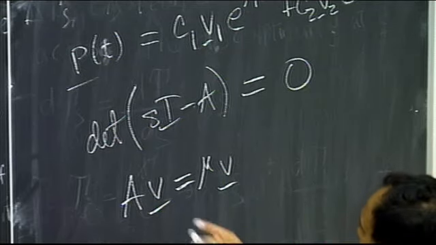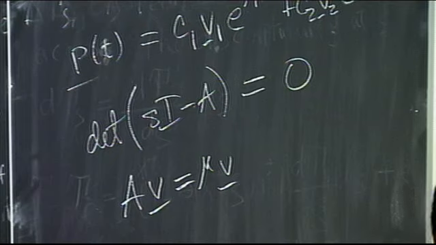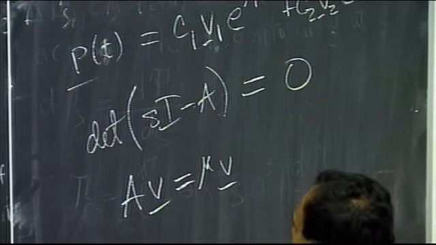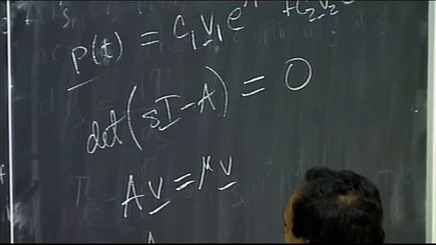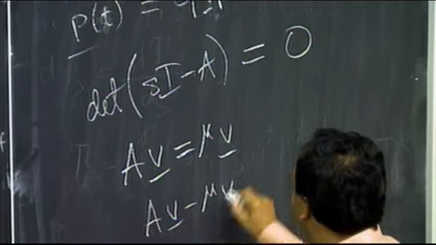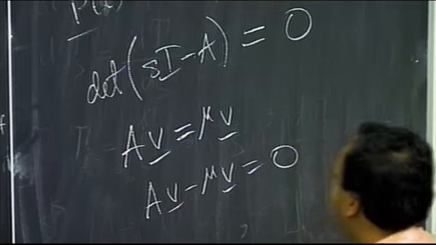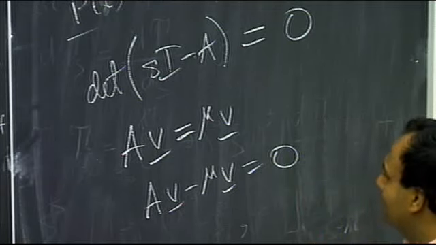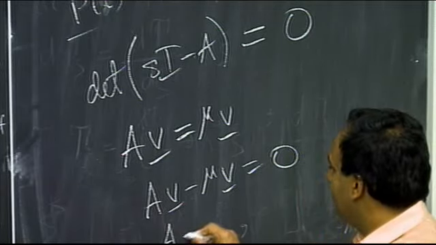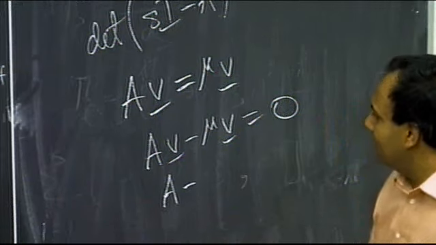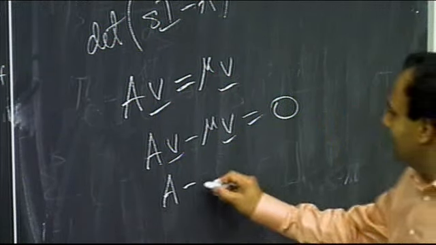Okay. So tell me what I know from this. A V minus mu V equals 0. Which tells me what? A minus mu I times V equals 0.